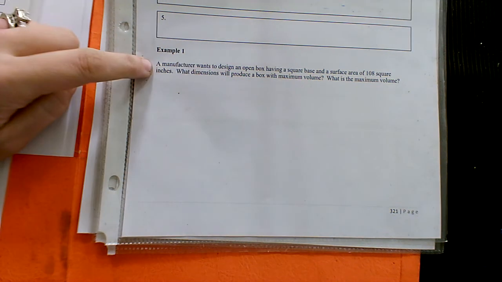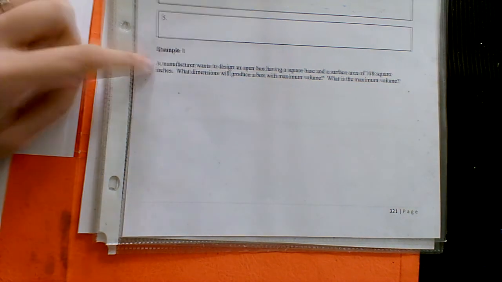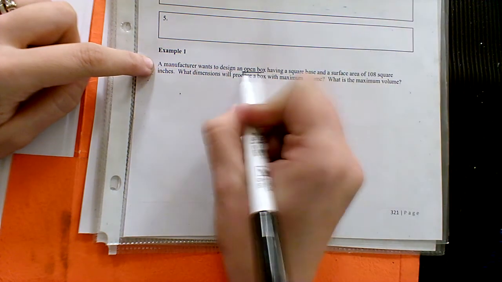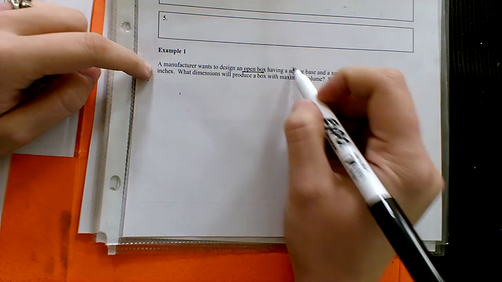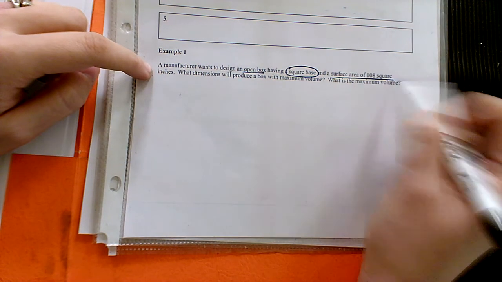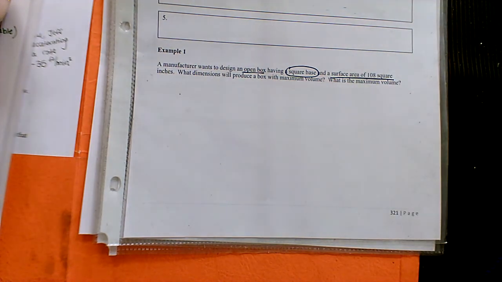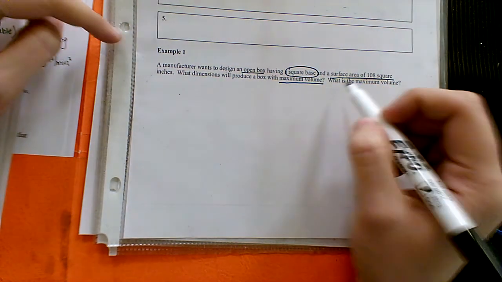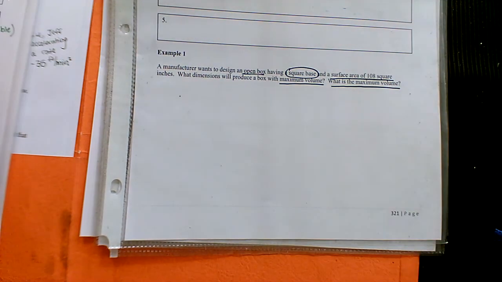All right, so on 321, a manufacturer wants to design an open box, very similar to what we did yesterday, having a square base and a surface area of 108 square inches. What dimensions will produce a box with maximum volume, and what is that volume amount?